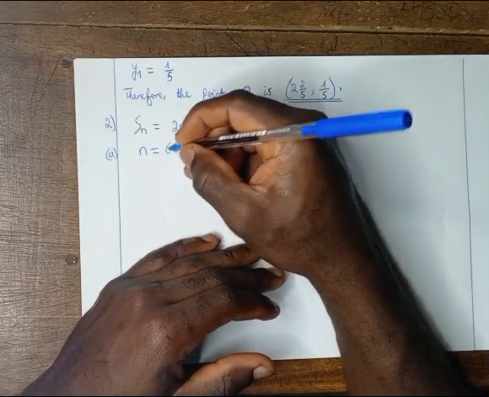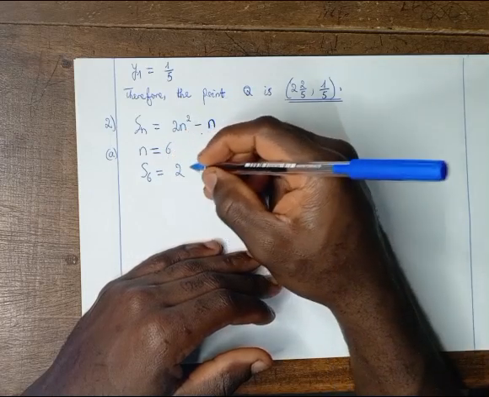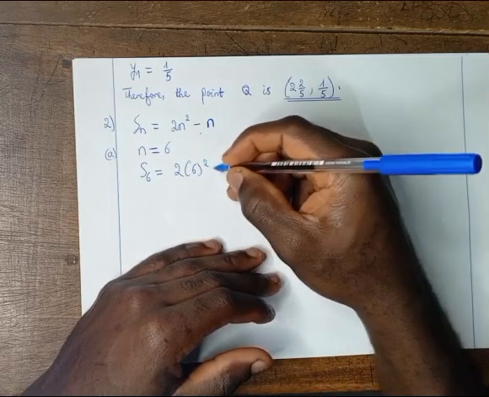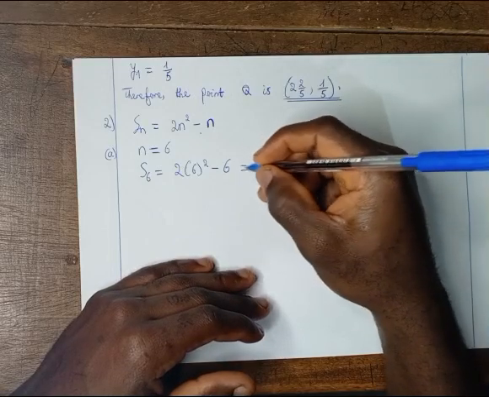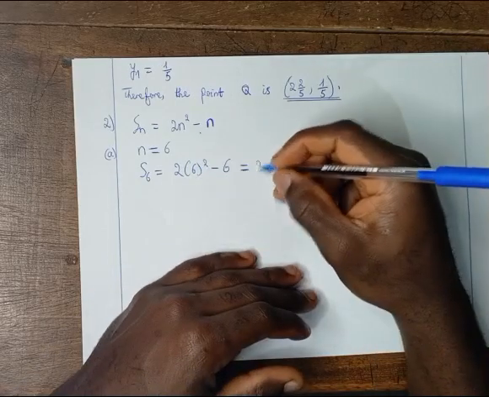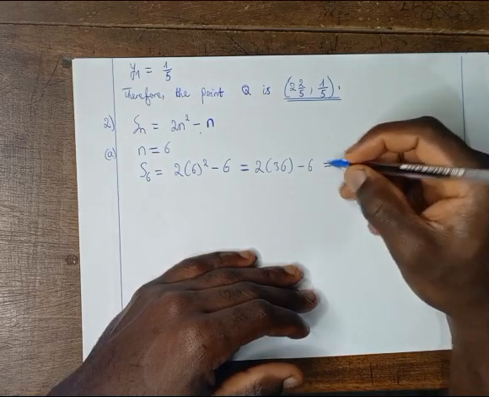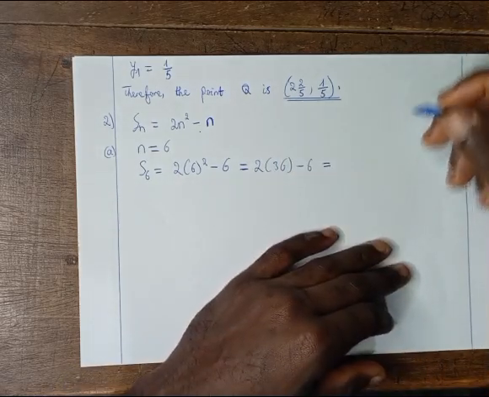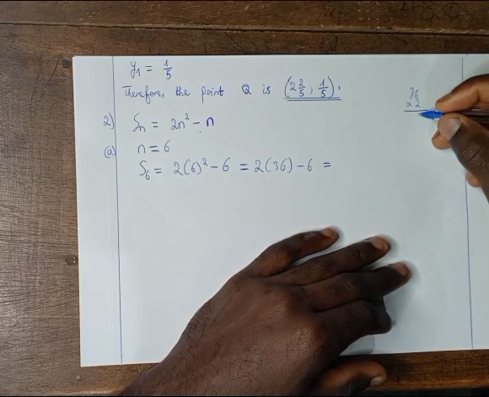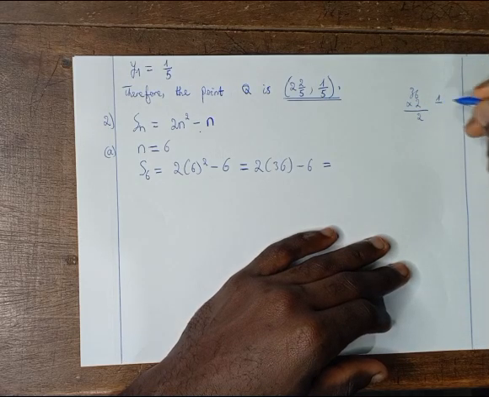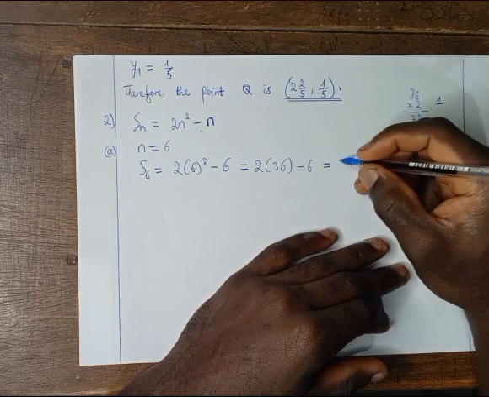We have n equal to 6. S6 will simply be equal to 2 times 6 squared minus 6. This will simply be equal to, 6 squared is simply 36 minus 6. This will be equal to 2 times 36, multiply by 2. 2 times 6 gives us 12. We are going to write down 2, we carry 1. 2 times 3 gives us 6 plus 1, we carry 7, giving 72.